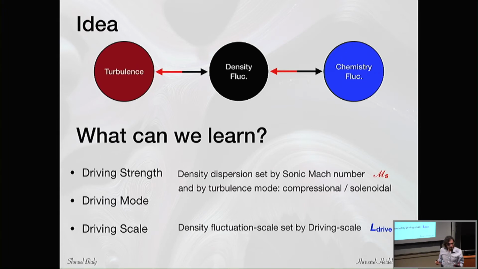These two things define how much fluctuation you have in the density field. And then the driving scale: on what scale is the driving acting? Of course, there might be many scales, but basically if it's on galactic scales or cloud scales, the scale of turbulence driving will define the scale of the density fluctuations, which then again affects the chemistry. So these are the three main things that I think you can learn from this kind of analysis.